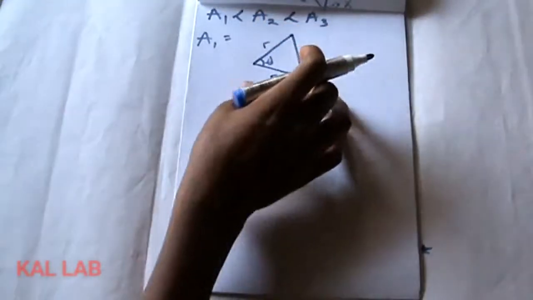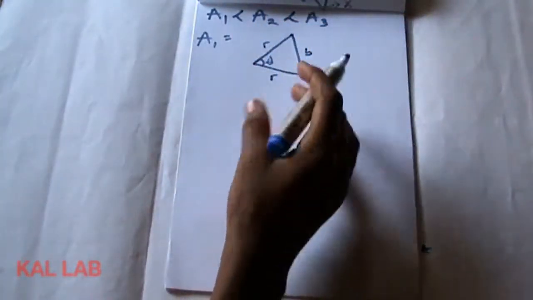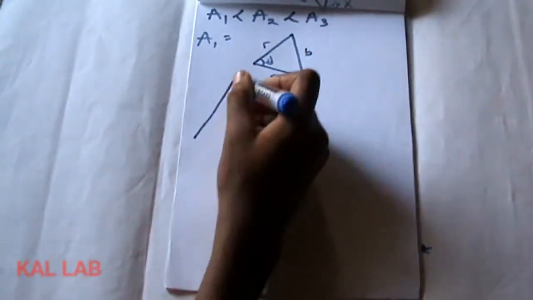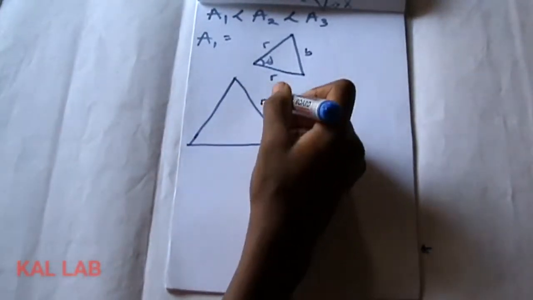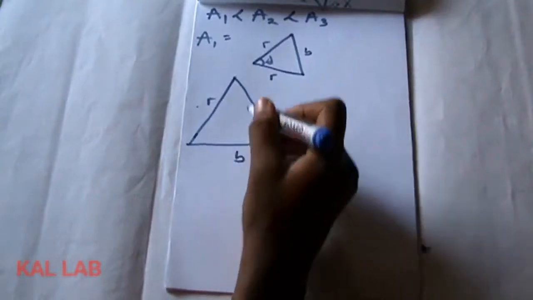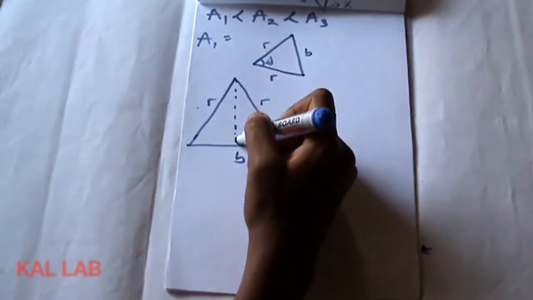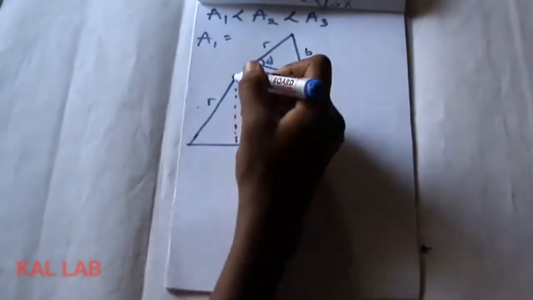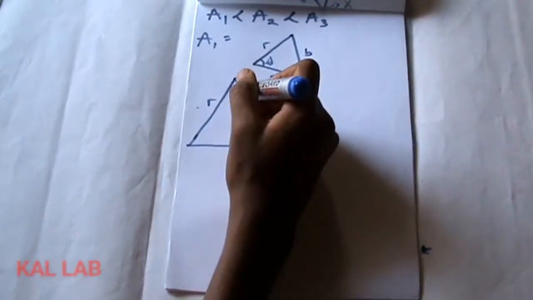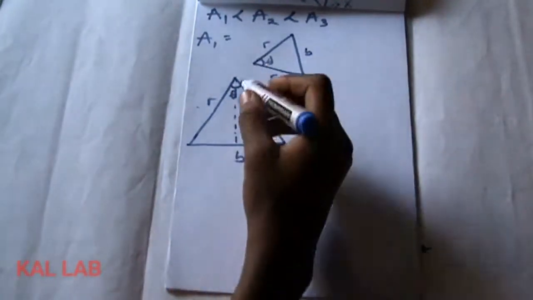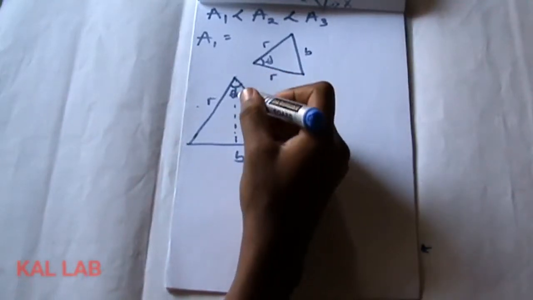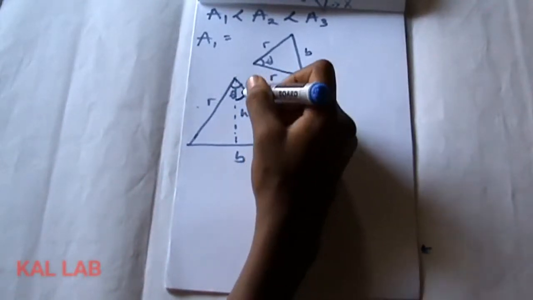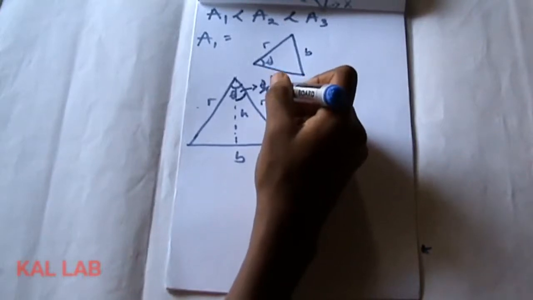If we rotate this and make it bigger, we have R, R, the base, and this H is our height, with the angle here being theta. Since this angle is theta, this is a perpendicular bisector, so the new angle would be theta over 2.